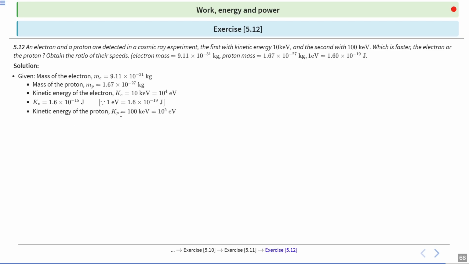So kinetic energy of the proton is 10 raised to the power 5 electron volt, and in joule it will be 1.6 into 10 raised to the power minus 14 joule.